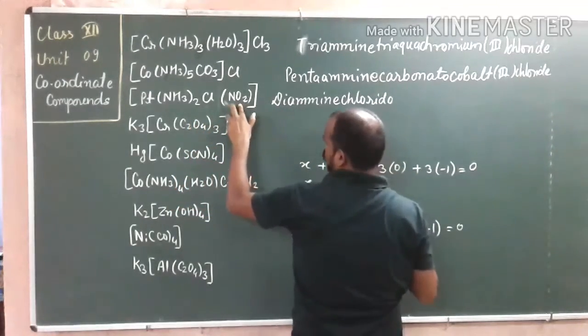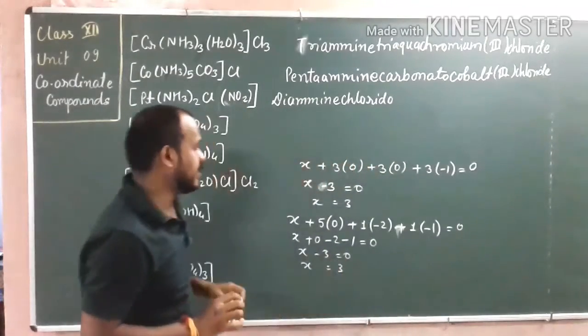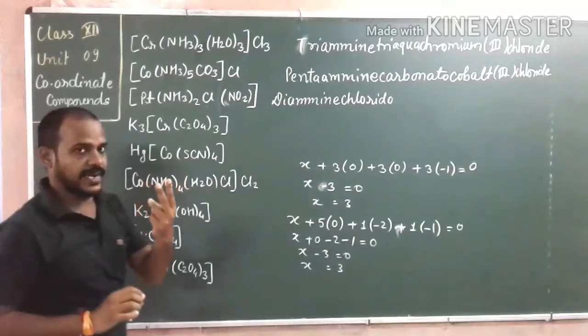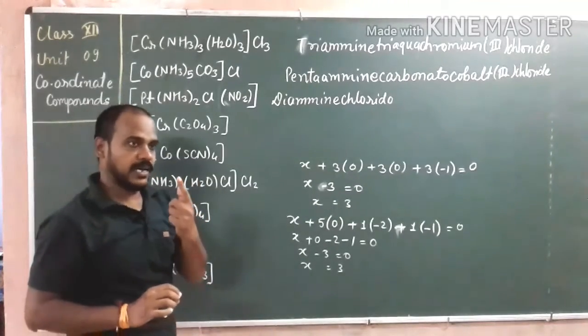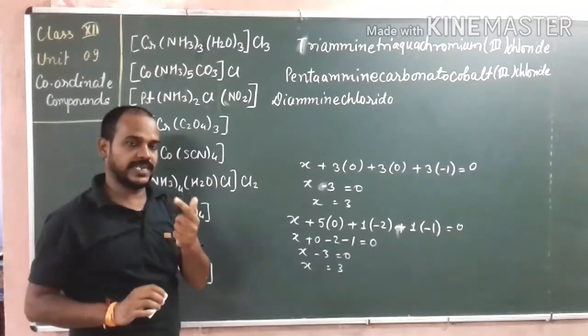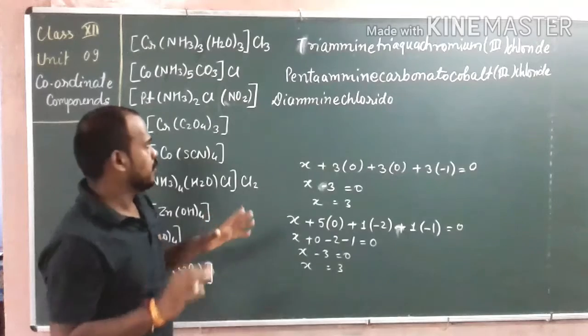Now NO2. This NO2 is an ambidentate ligand. Ambidentate means which has two donor atoms, but at a time only one will donate electrons, and the atom which is donating electrons, its symbol will be written after the name of the ligand.